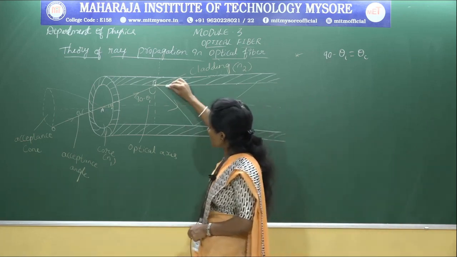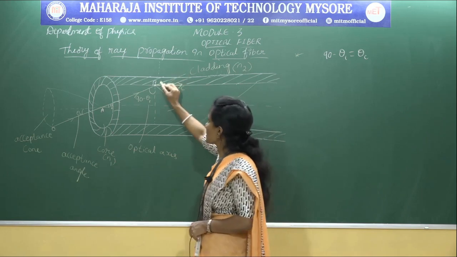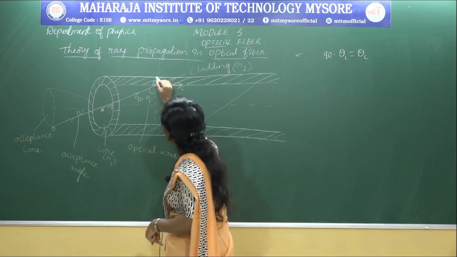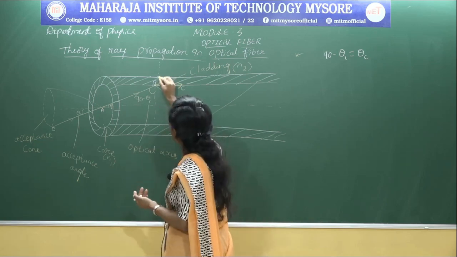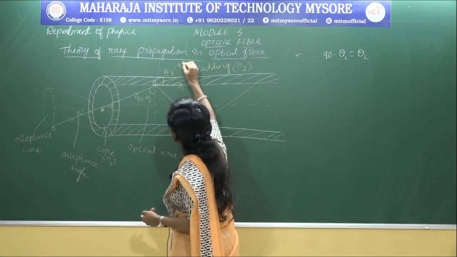So at the same point, that is an interface between the two surfaces, with the normal surface, the angle of refraction is equal to 90 degrees.